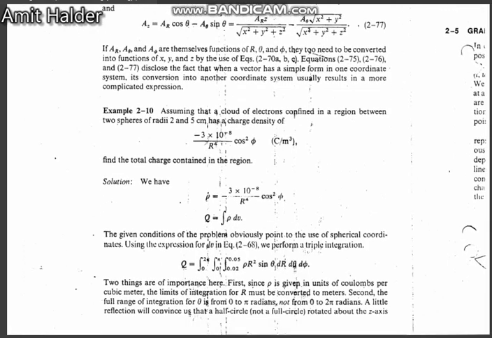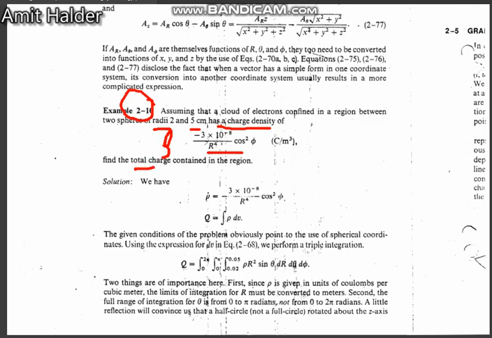The second mathematics is example 2.10, assuming a cloud of electrons confined in a region between two spheres of radius 2 and 5 centimeter, has a charge density of this. Charge density means rho.